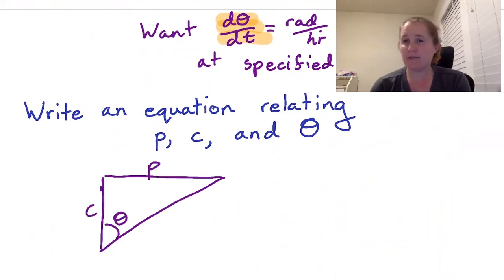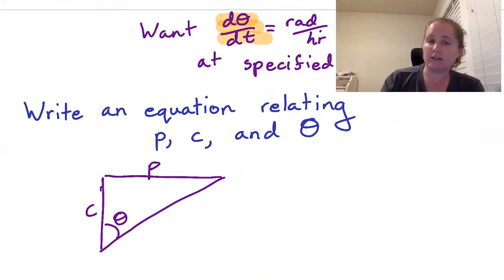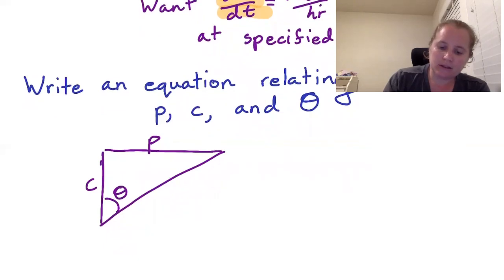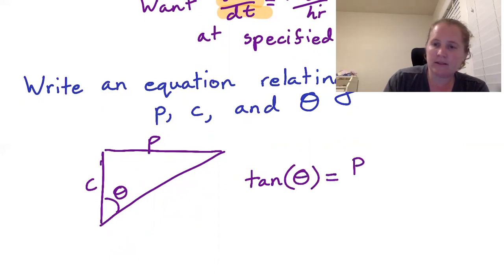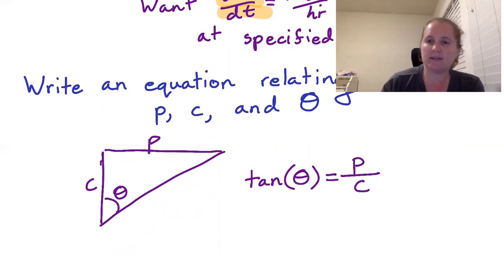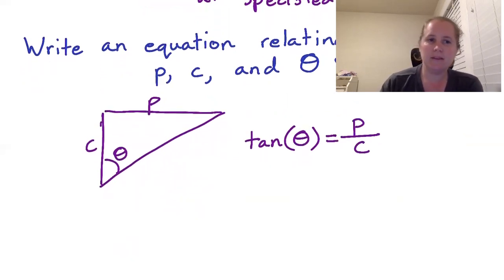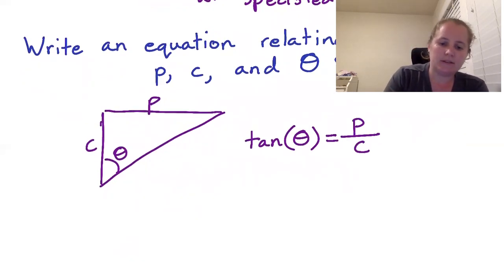So once theta is involved, we know we're working with trig. And if we want opposite and adjacent, we're ignoring the hypotenuse. We are working with either tangent or cotangent. So this lends itself towards tangent of theta is equal to the plane distance divided by the camera distance. Now we're going to go ahead and differentiate with respect to t.